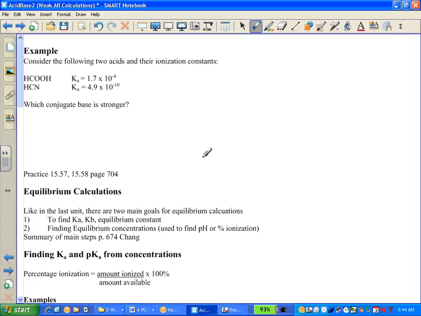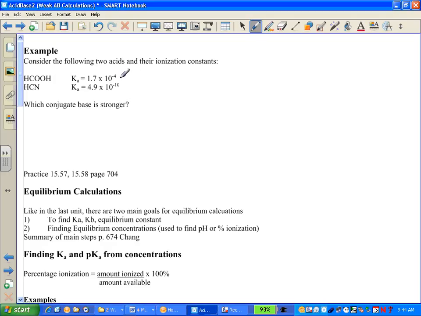Now, when we look at this equation here, we want to look at the conjugate bases of these, and we want to compare and determine which conjugate base is stronger. Because they are very different, we don't really need to do too much of a calculation here.